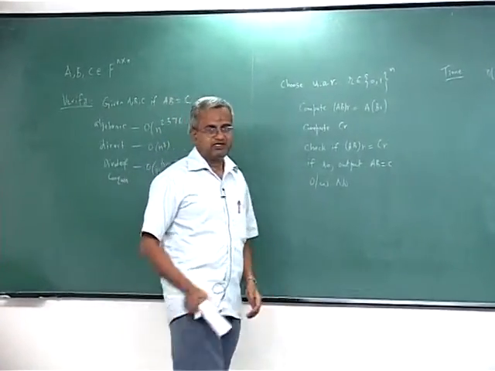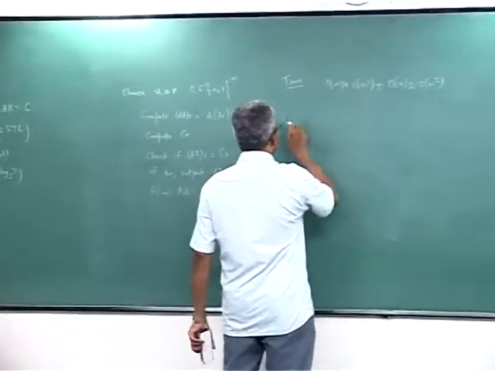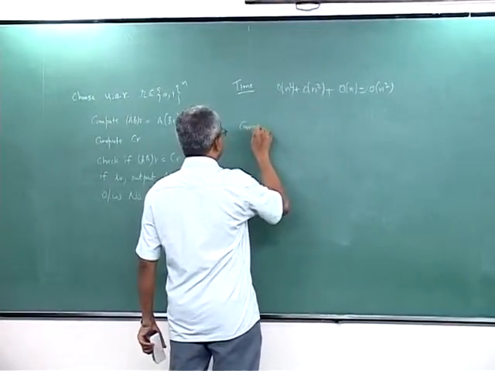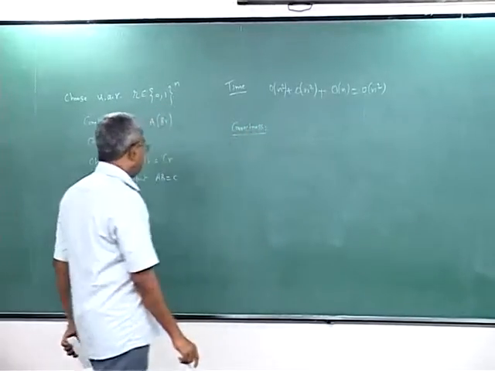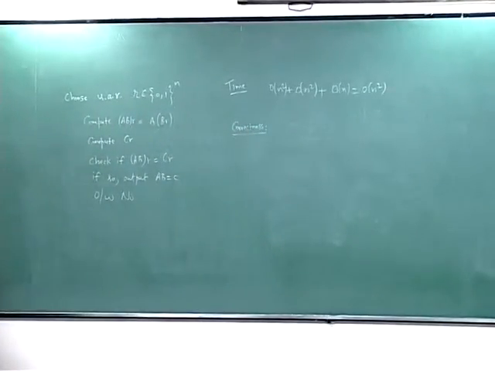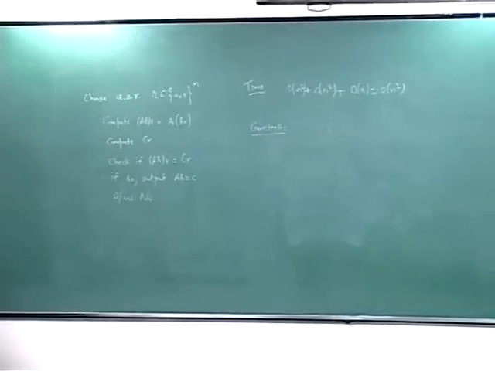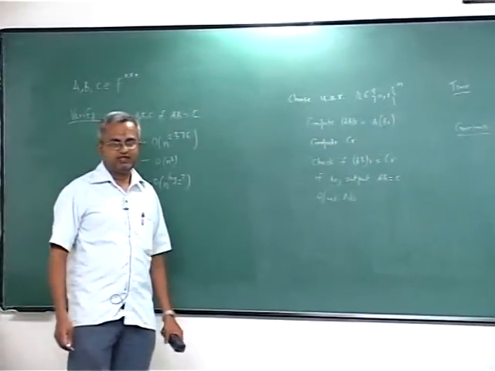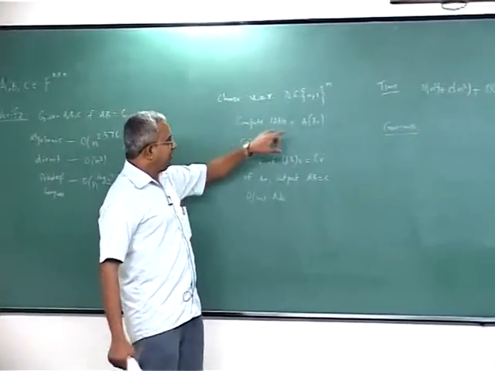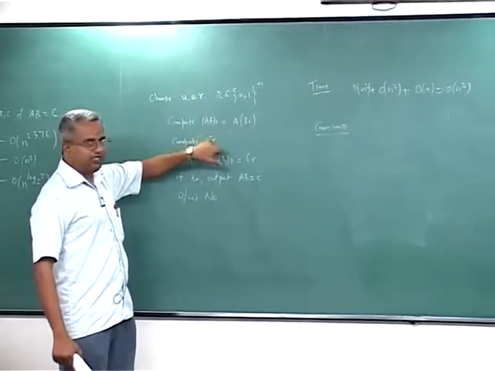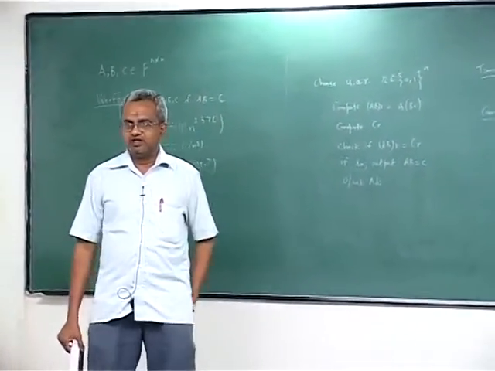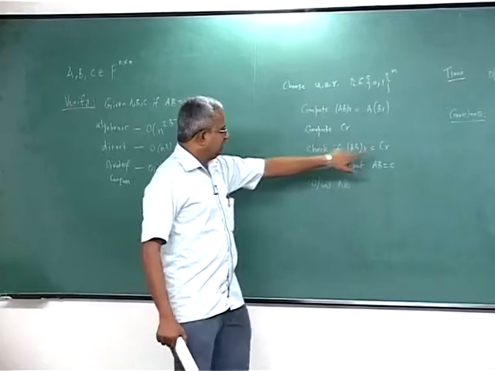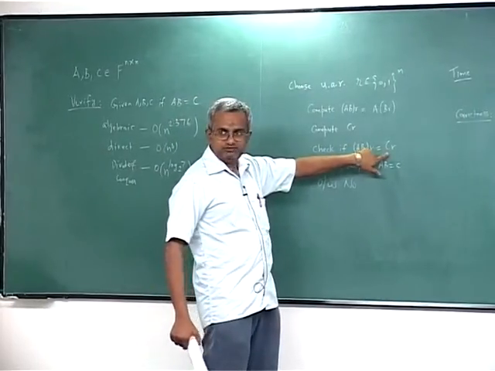Now, what about the correctness? If you look at the correctness, what do you have here? Suppose AB equals C, then ABR should be equal to CR. These two would be equal.